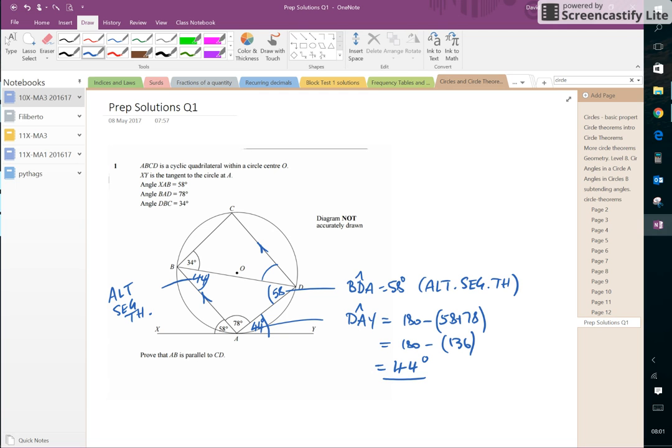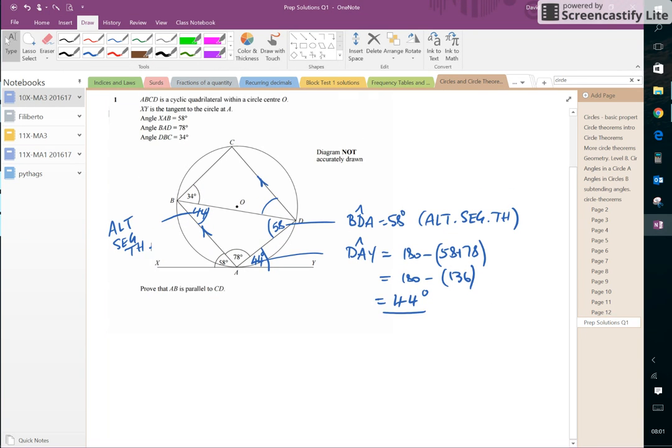But what we do know is that we've got a cyclic quadrilateral, and we know that the opposite angles add up to 180 degrees. Okay, so we can now use that fact.